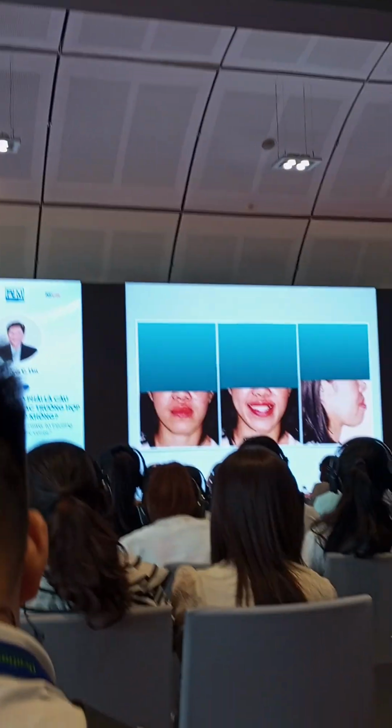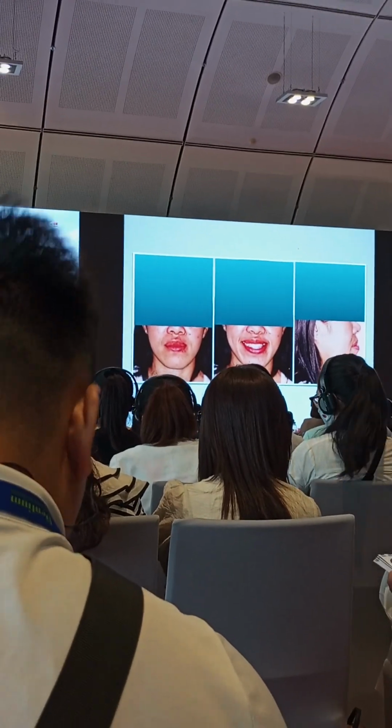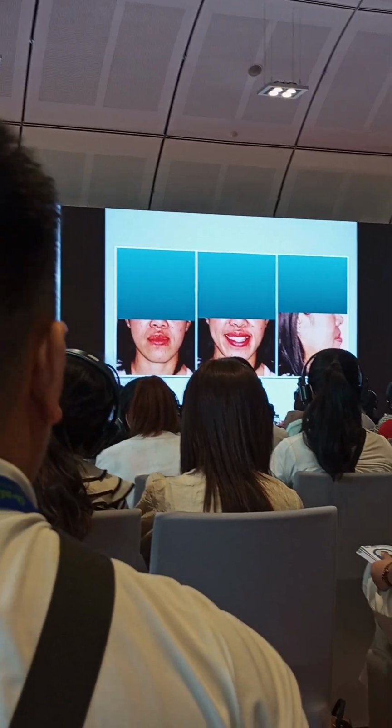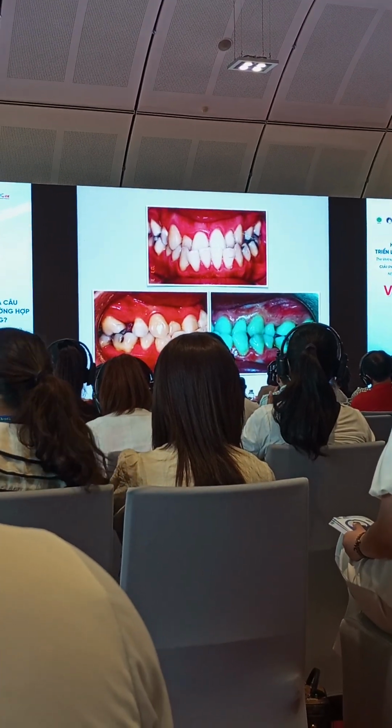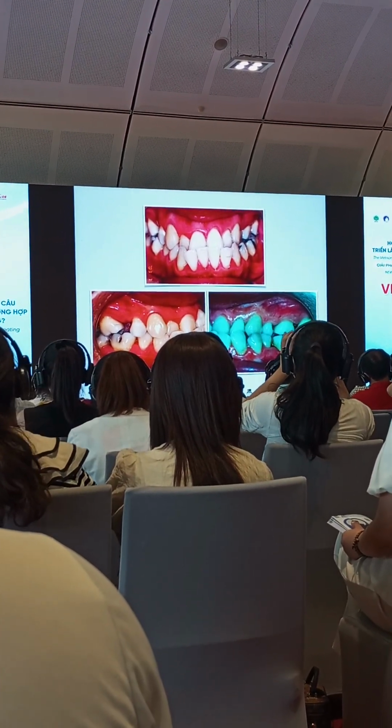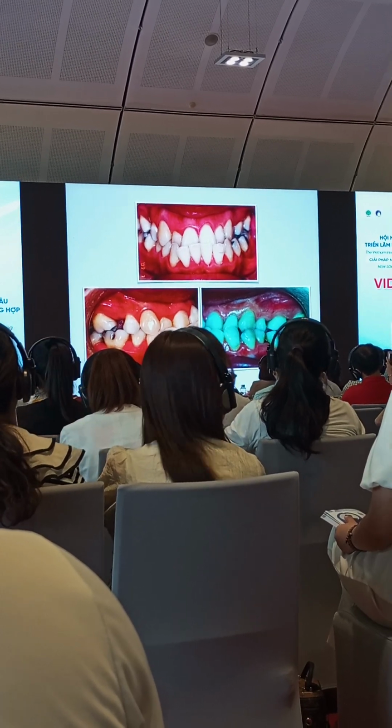So when she came, she wanted to have her teeth corrected. In reality, she's a bimaxillary class 3 type of malocclusion. Intraorally, if you look, she has a very big underbite, crowding on the anterior upper and lower teeth.